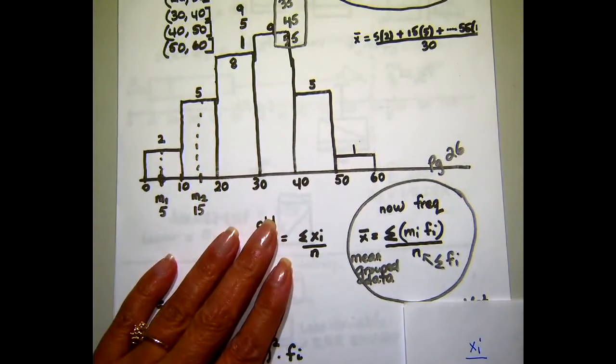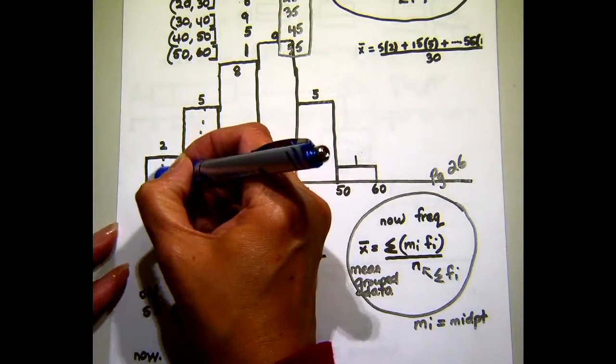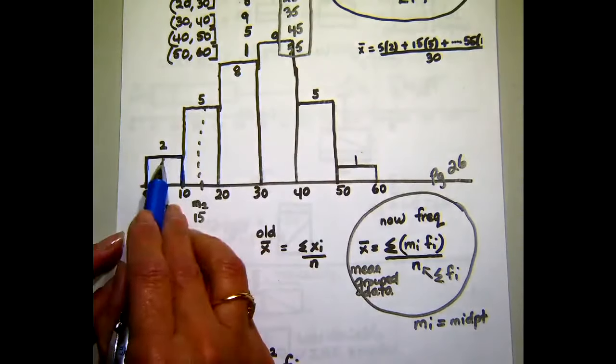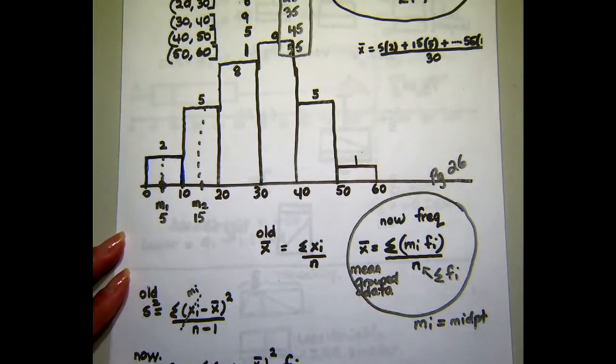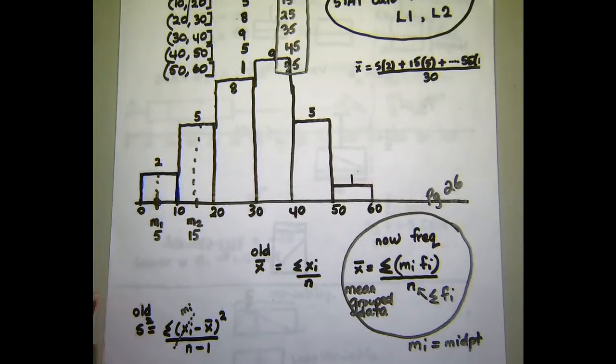It's a grouped frequency table where the first bar, the first class, 0 to 10, has a height of 2. And the next bar, 10 to 20, has a height of 5, and so forth. How would I find the mean and the variance of this data set?